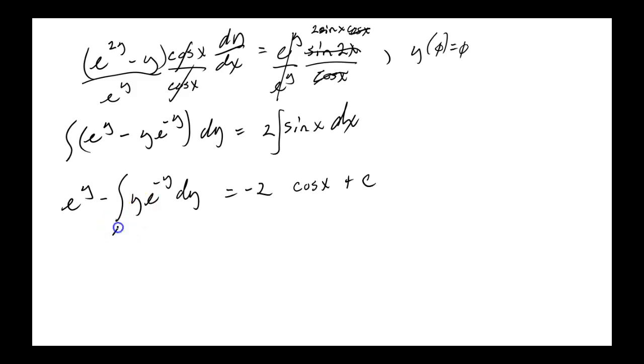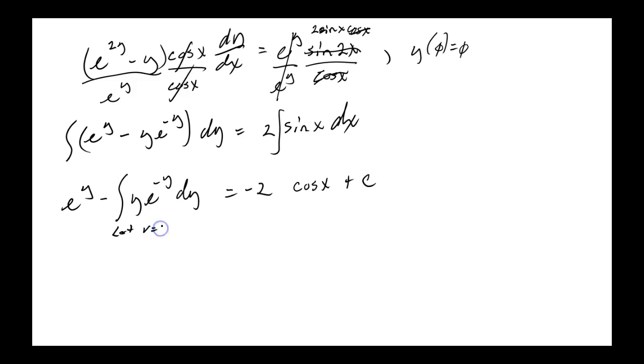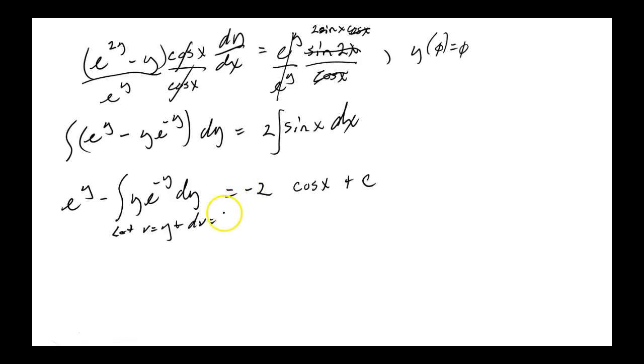So what we'll do is let, I'm trying to think how we used to say it, let v equal y, and dv is equal to e to the minus y dy.